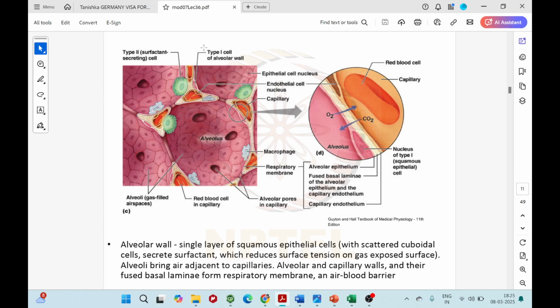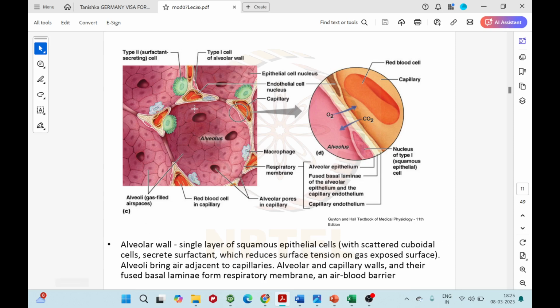Along with that, there is a section of a type 1 cell of the alveolar wall. This one is a type 1 cell, which is nothing but a squamous epithelial cell. The alveolar wall is a single layer of squamous epithelial cells with scattered cuboidal cells.